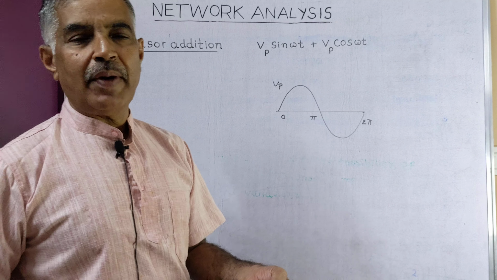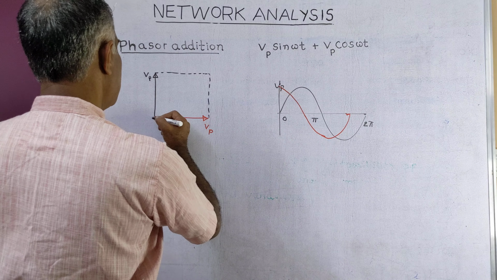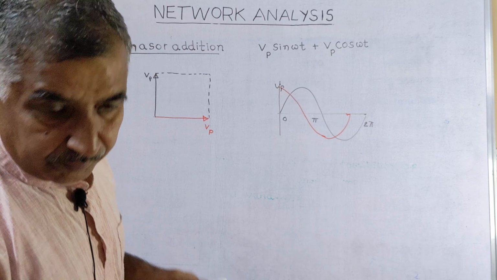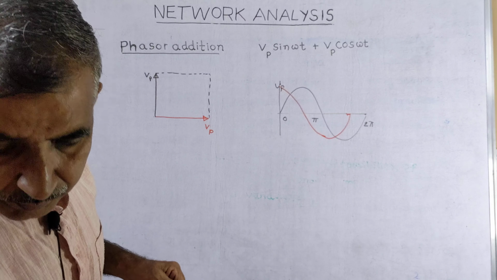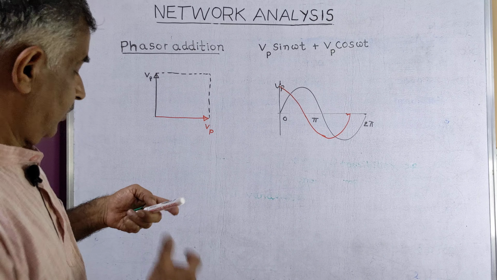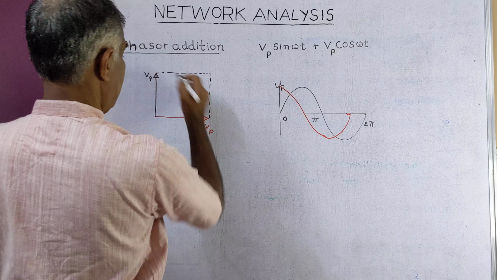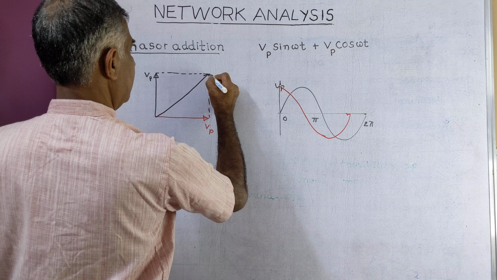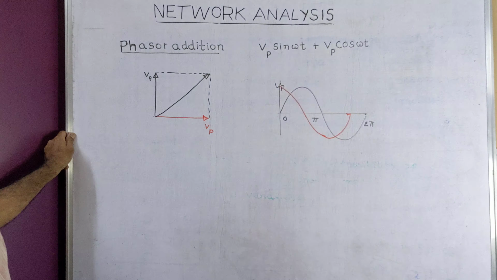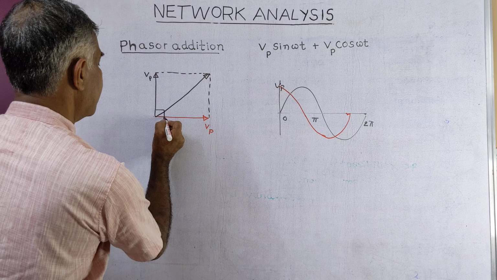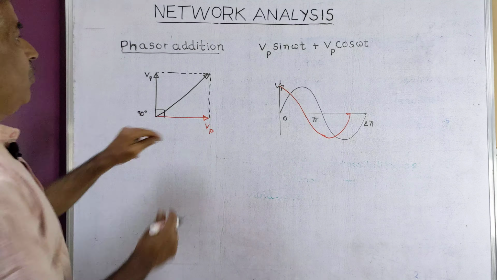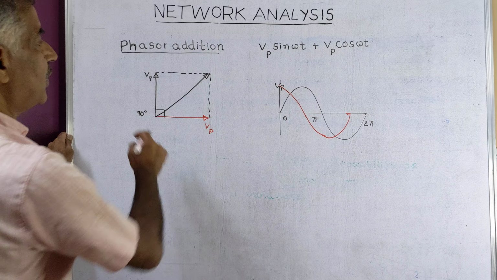So you know what is known as parallelogram addition. Now this is the resultant. This angle is 90 degrees or pi by 2 radians. Now this is the resultant of these two.